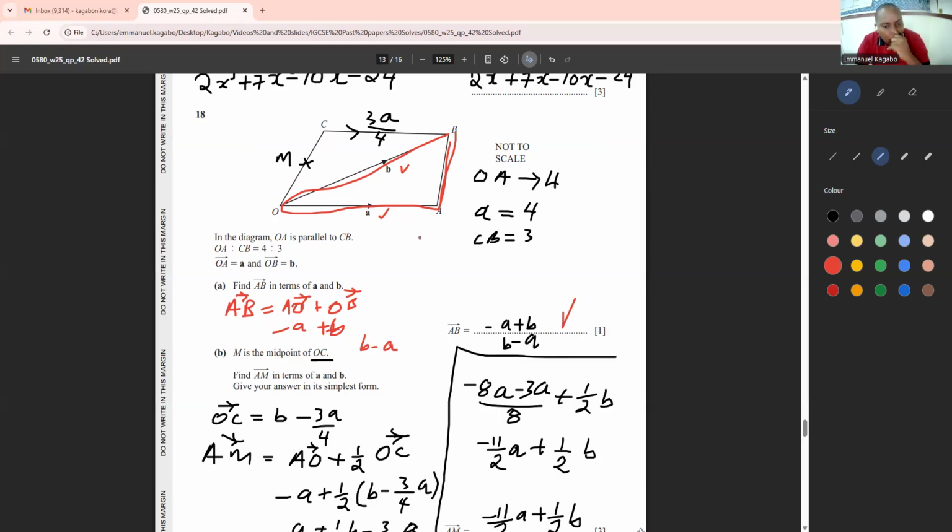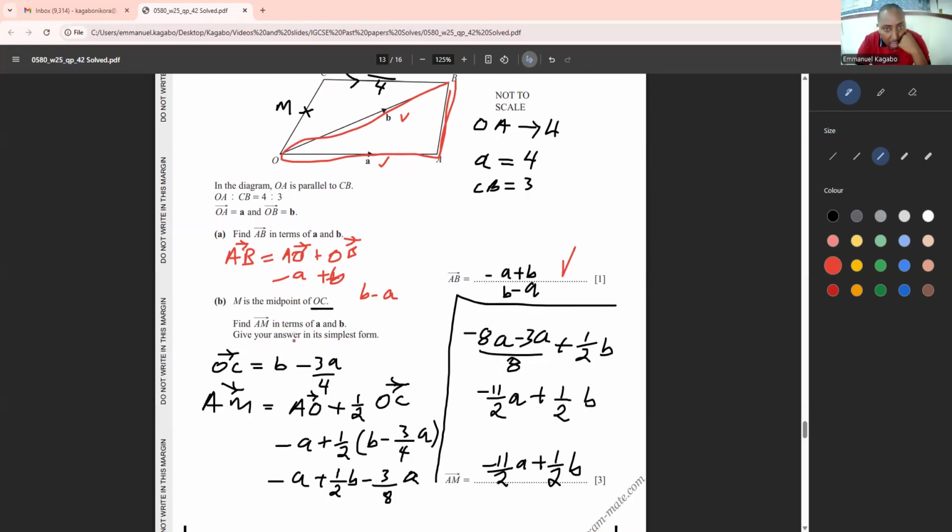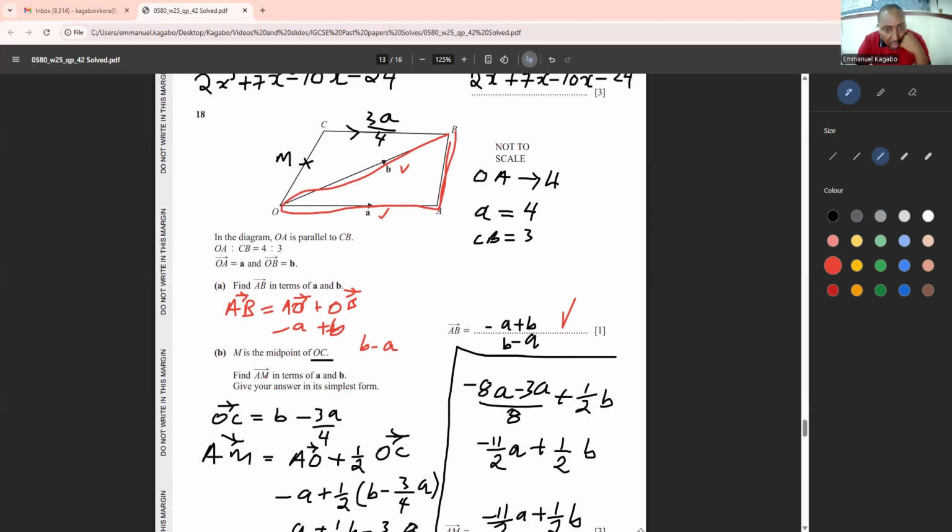Okay, OC, because I can't find the midpoint here without having OC. So OC is going to be OB plus BC. But I don't have BC, but it gave me the ratios.